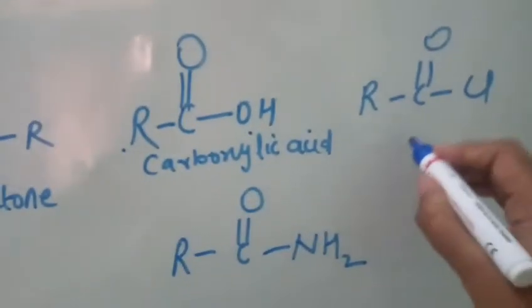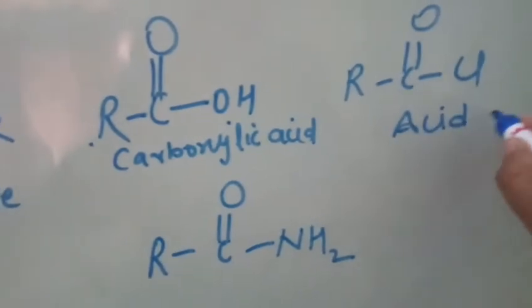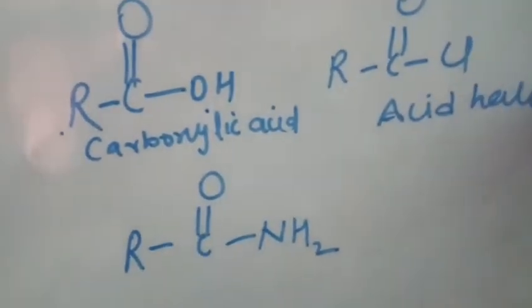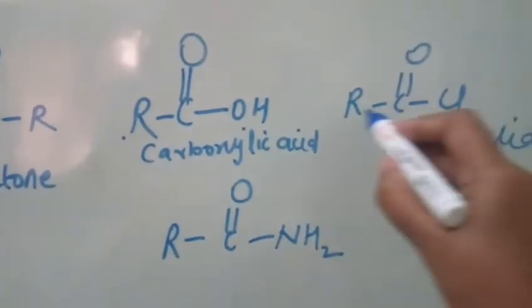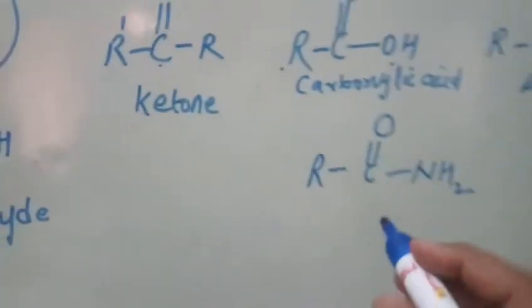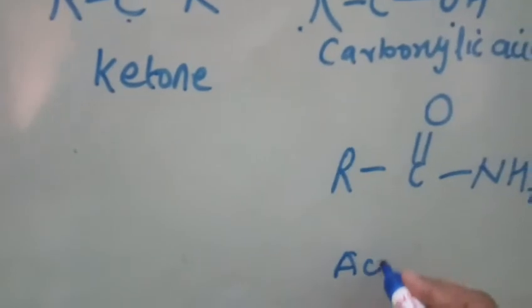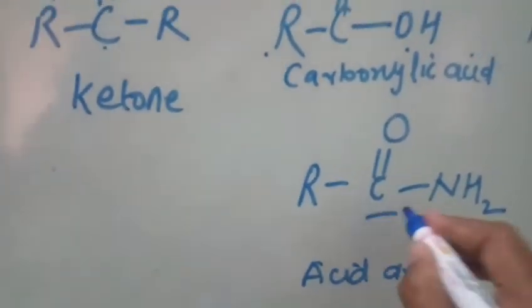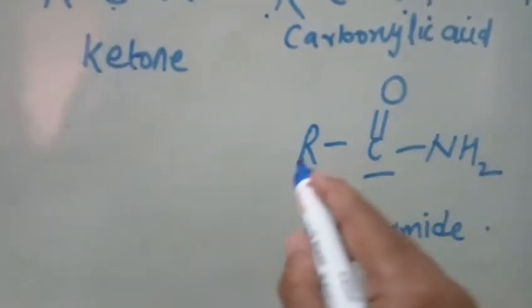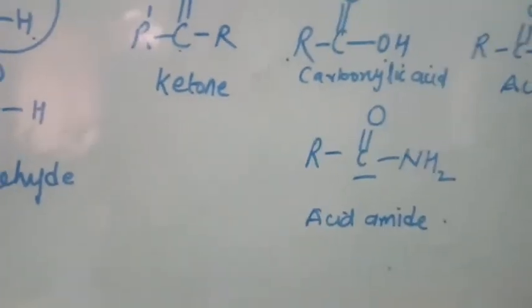In acid halide or acyl halide, the carbonyl group is attached to a halogen on one side and an alkyl group on the other side. And in acid amide, the carbonyl group is attached to an amino group on one side and an alkyl group on the other side.